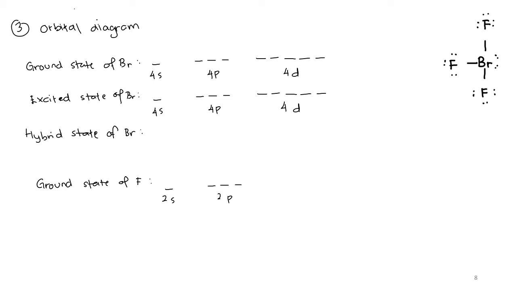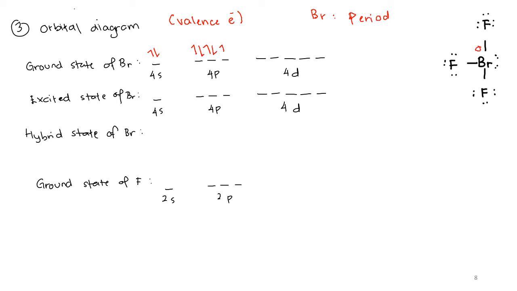Okay, the third step is the orbital diagram, and remember this is only for valence electrons. For bromine, since bromine is in period 4, the valence electrons will start from 4s2, 4p 1, 2, 3, 4, 5. Look at your Lewis structure here.